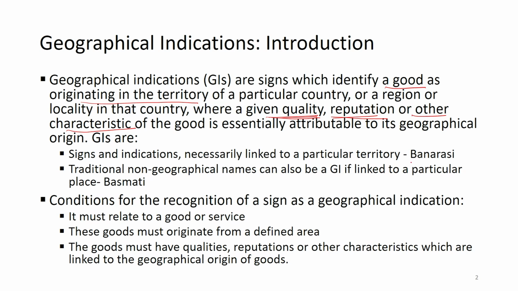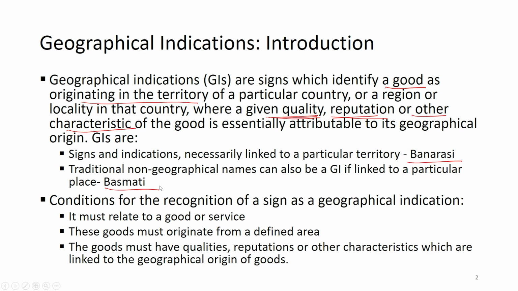For example, you have Banarsi saris, or at times even non-geographical names can also be GI if those names are linked to a particular place. For example, basmati rice.